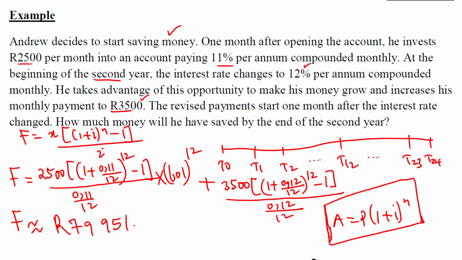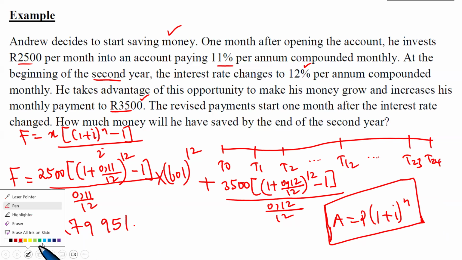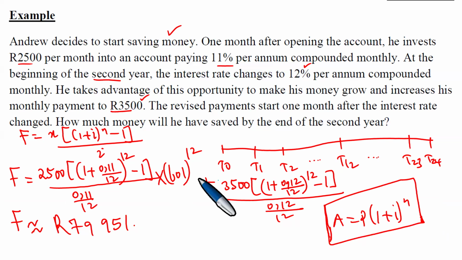It's exactly the answer. So obviously there are a couple of things that are very important here. What we're able to see is that you'd have a timeline like this, time 0, and then here it's going to be 2,500, 2,500. Those are the payments.